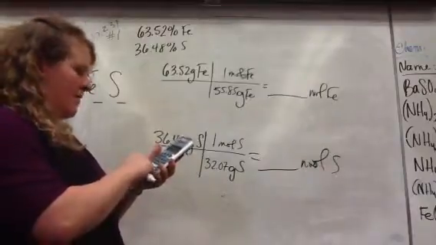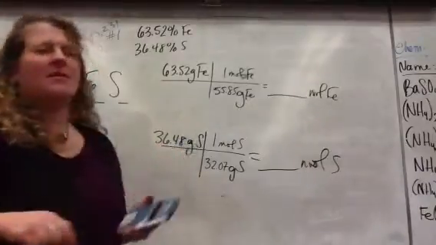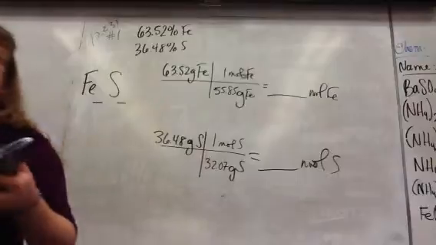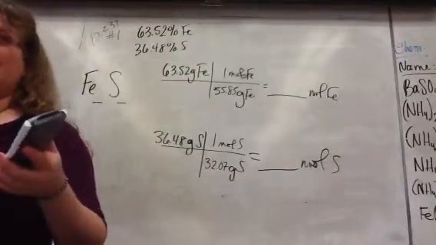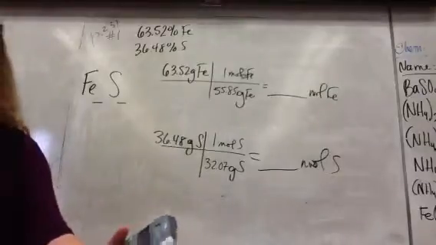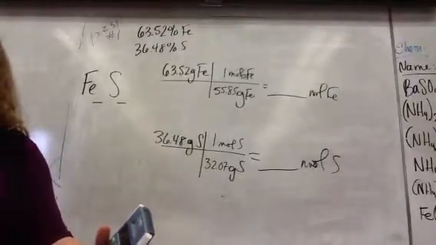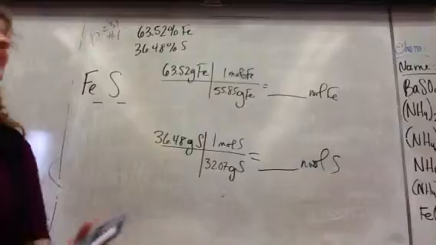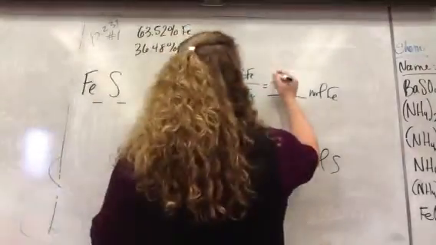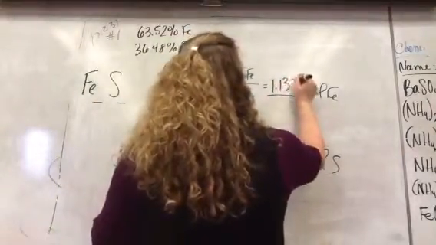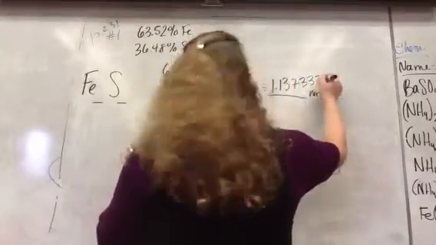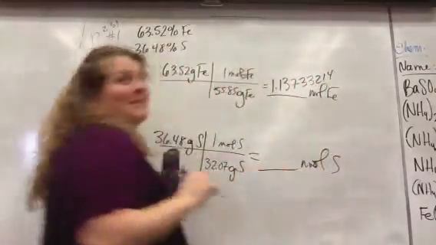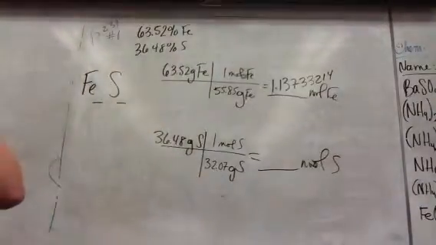63.52 divided by 55.85. Somebody in gray or black? 1.137. 1.137 what? Moles. Okay. All right.